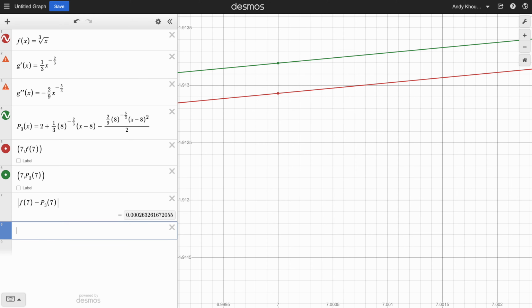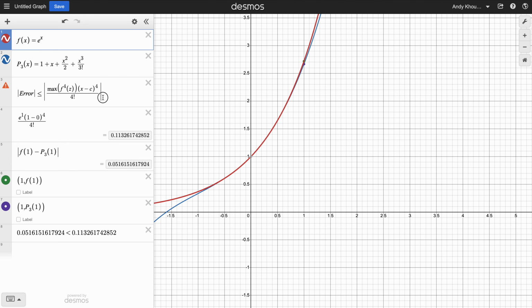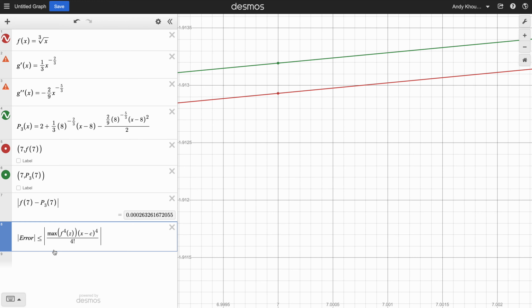Okay. Now, if I were to use Lagrange, remember that's going to be my maximum derivative. So error, let me just copy from here. Error is going to be less than or equal to my maximum 4th derivative, x minus c to the 4th over 4 factorial. And the problem with this one here with the cube root of x is that I got to figure out what the 4th derivative is.